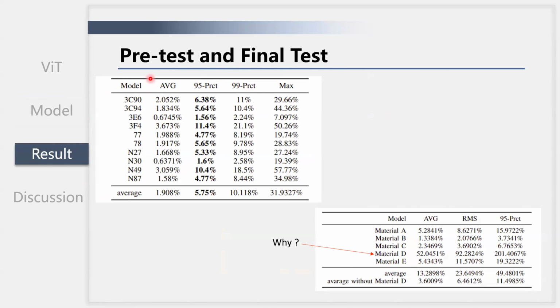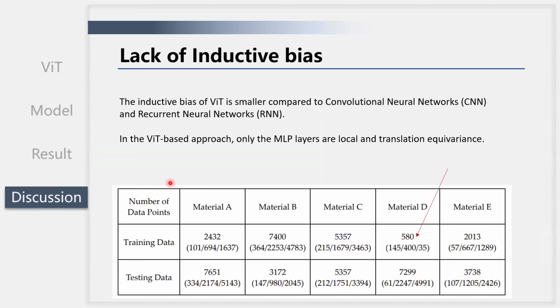And here are our test results. You can see most models perform well, but only material D performs much worse than other teams. So here are some reasons. I think one of the possibilities is the lack of inductive bias. The inductive bias is the set of assumptions that the model uses to predict outputs for given inputs that it has not encountered.